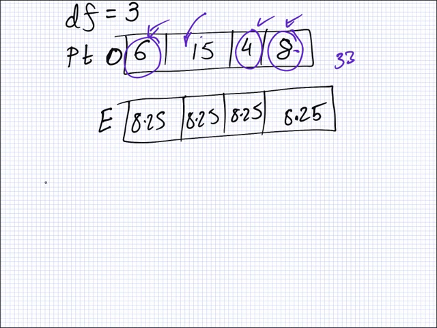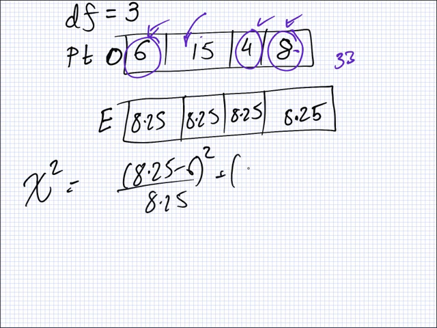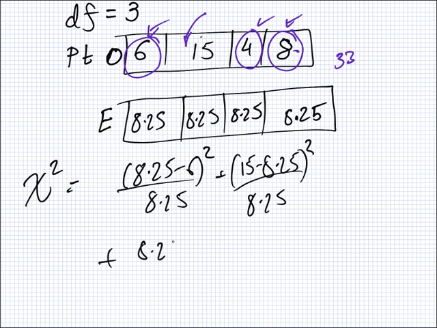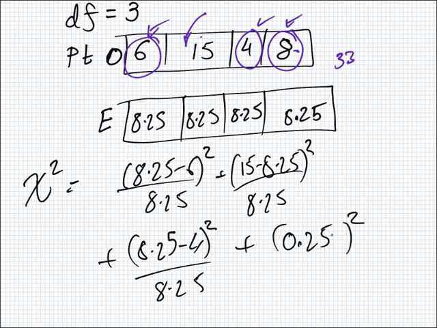So, taking out the calculator, let's calculate the chi-squared here. What is it going to be? It's going to be 8.25 minus 6 squared over 8.25, plus, it doesn't matter which way around you do it because the sign cancels anyway, 8.25 minus 15 squared over 8.25, plus 8.25 minus 4 squared over 8.25, plus 0.25 squared over 8.25.